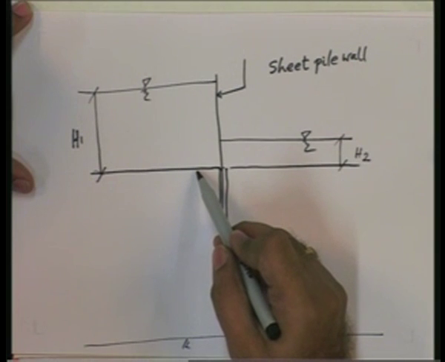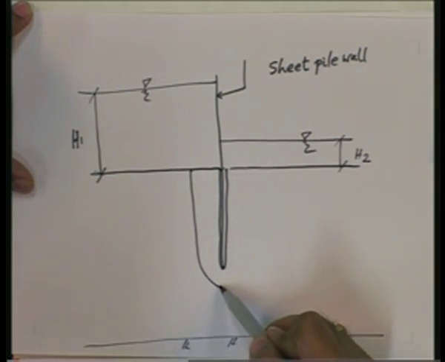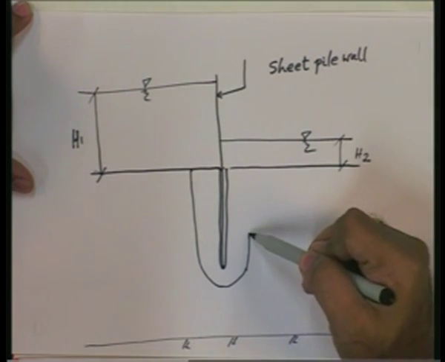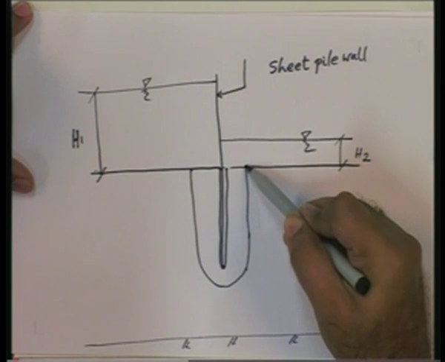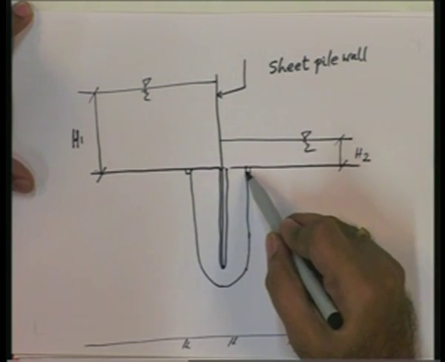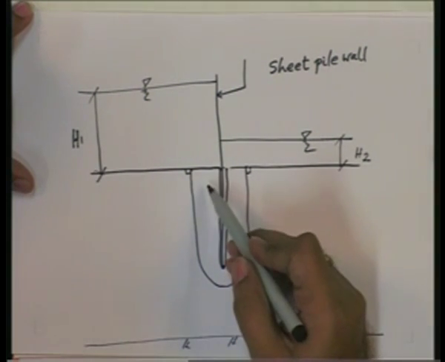The second flow line erupts out like this, which are approximately drawn. Here, being an equipotential line, orthogonality has been maintained. So this is the flow channel.